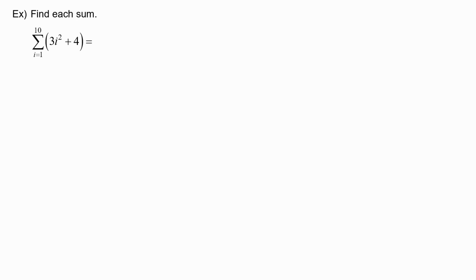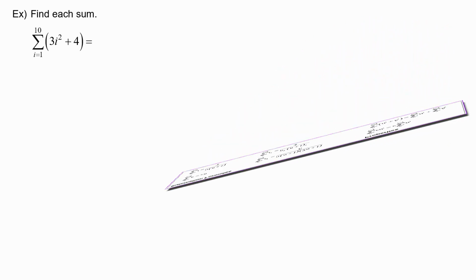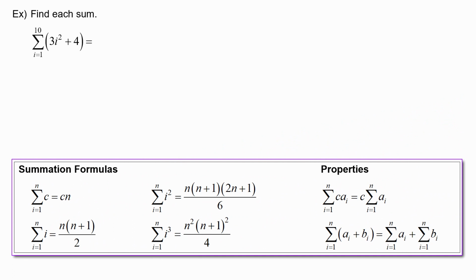In this example, we have to find each sum. First up, we have the summation i equals 1 to 10 of the quantity 3i squared plus 4. Now let's bring up our summation formulas and properties. We see that if we are summing over a sub i plus b sub i, we can break that up into the sum of a sub i plus the sum of b sub i.